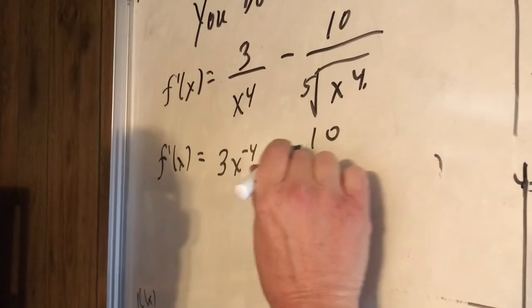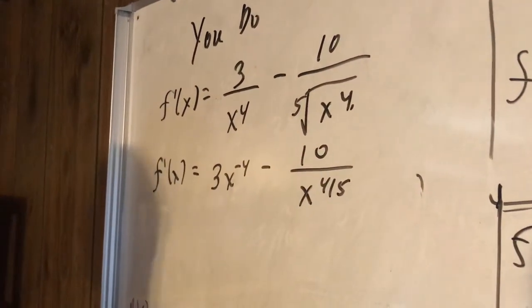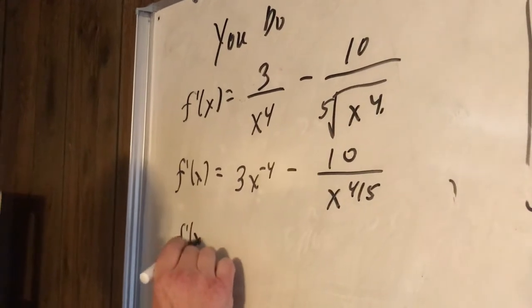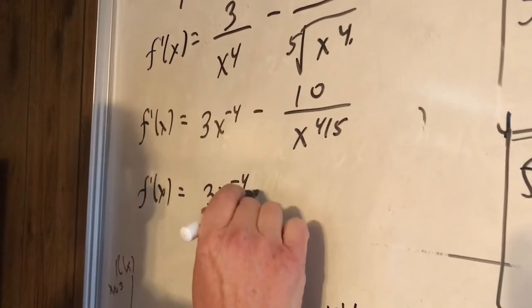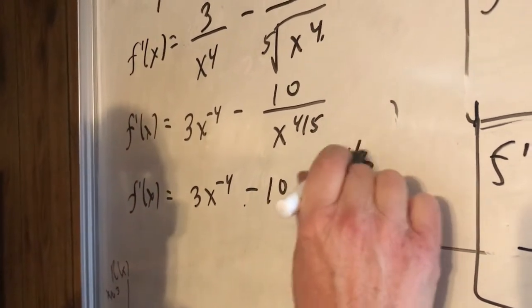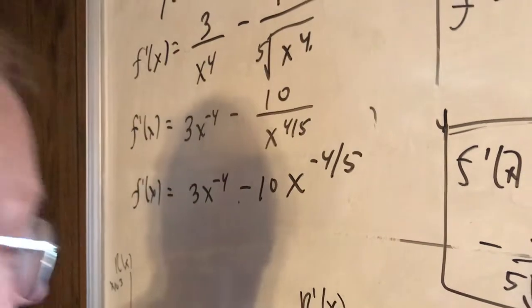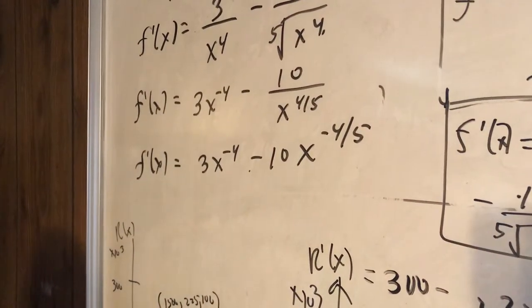But this is 10 over x to the 4/5. So I'm going to rewrite this again: 3x to the minus 4 minus 10x to the minus 4/5. Now we're going to set it up as an integral.